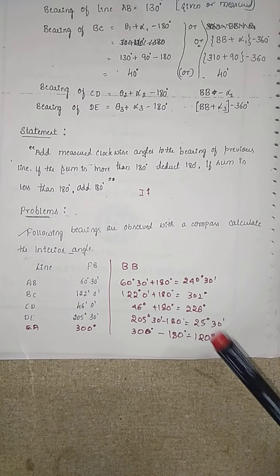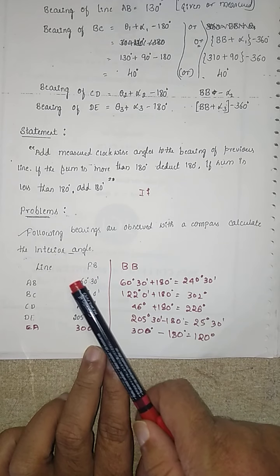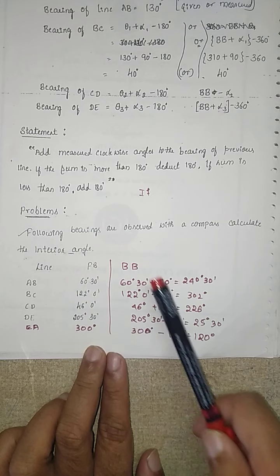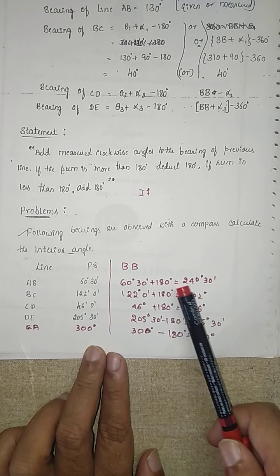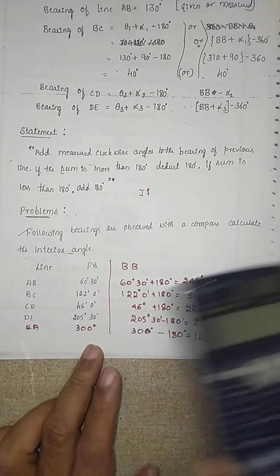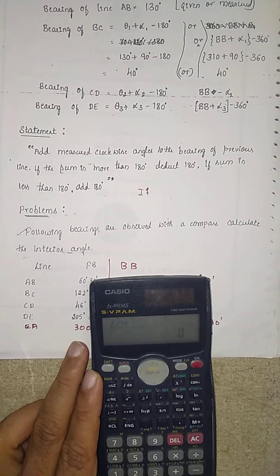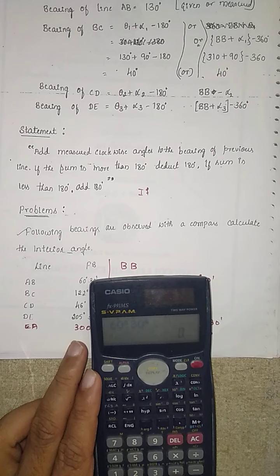The rule we use is: if the forebearing is less than 180 degrees, we add 180 degrees to it. So for 60 degrees 30 minutes, you get 240 degrees 30 minutes. Since it is less than 180 degrees, we add 180 degrees in order to calculate the back bearing.